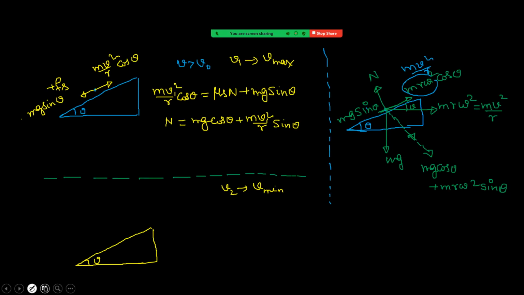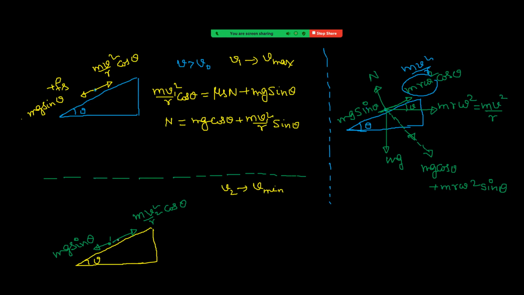Okay, so now the force equation. mg sine theta down the road. Here, centrifugal force mv square by r, where V is now V2, mv square by r cos theta. But in this we are taking V2 as minimum, meaning for this speed, the vehicle tries to slip down the road.